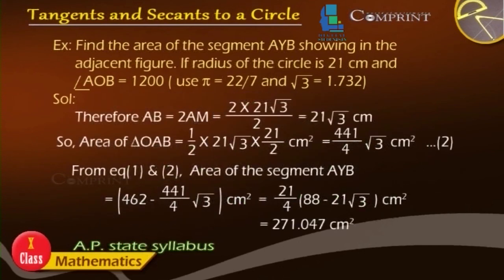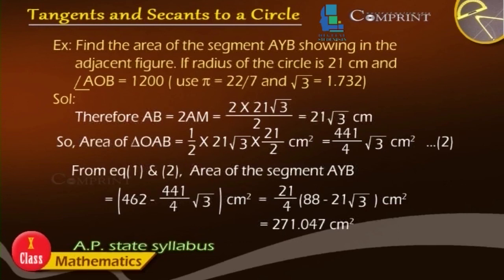Therefore, AB is equal to 2AM, which is 2 into 21 root 3 by 2, equal to 21 root 3 centimeters. So, area of triangle OAB is equal to half into 21 root 3 into 21 by 2 centimeters square, which is equal to 441 by 4 root 3 centimeters square. Equation 2.